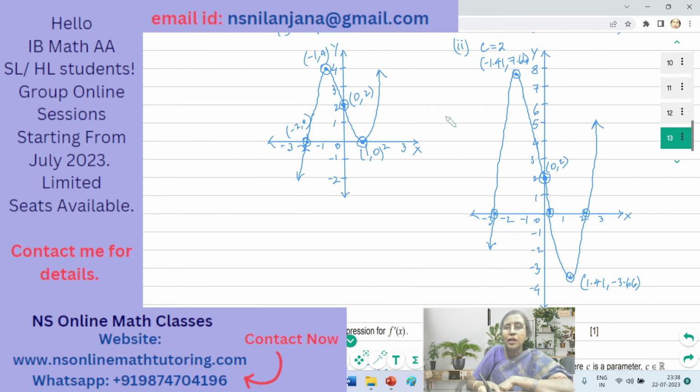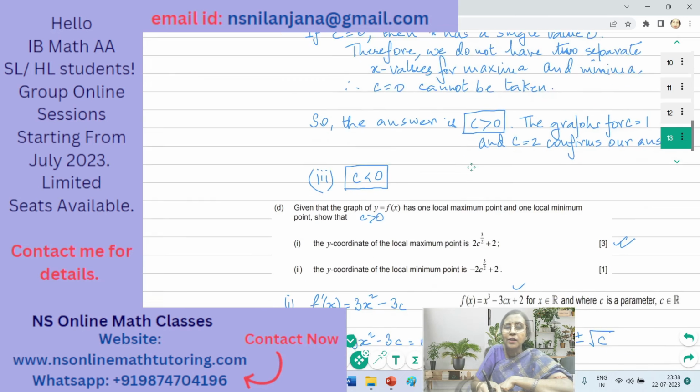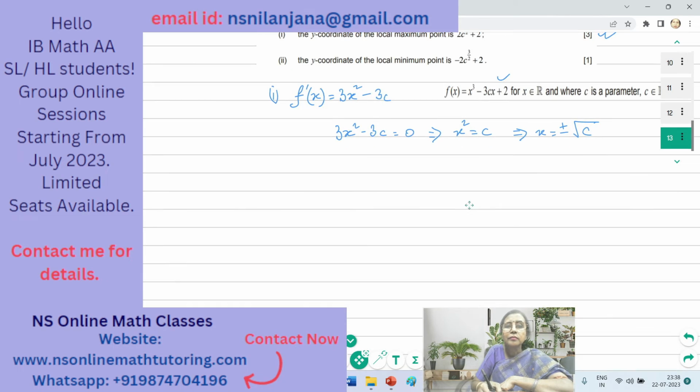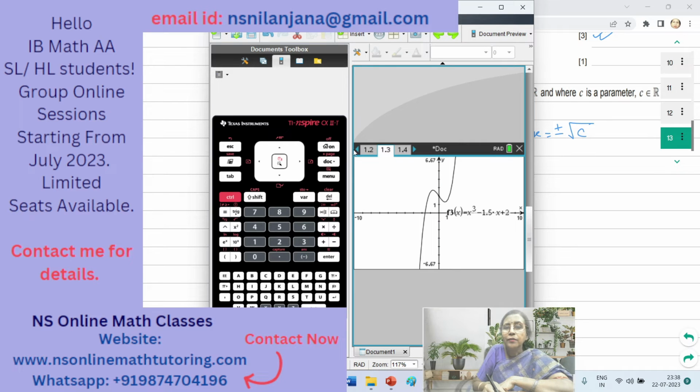For this, c equal to 2 also. And we have sketched most probably for c equal to half. Let us check. C equal to half. This is the thing. Again, you see for the maximum point, the x coordinate is negative, and for the minimum point, the x coordinate is positive.